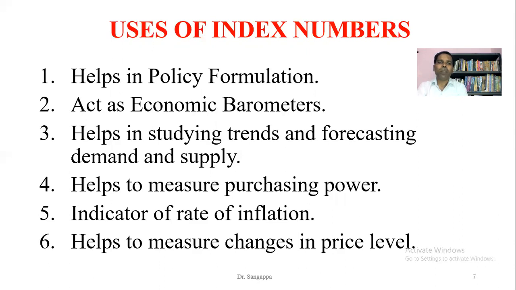Then last one, helps to measure changes in price level. So what are the changes of the price level of the commodity from time to time, or from place to place? We use the index number to measure the changes in the price level. So these are some of the important uses of the index numbers.